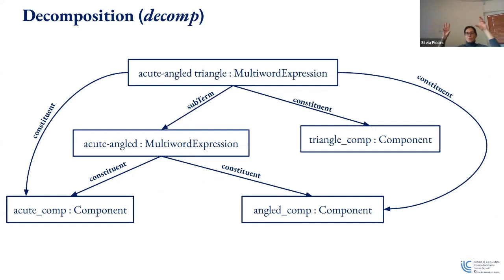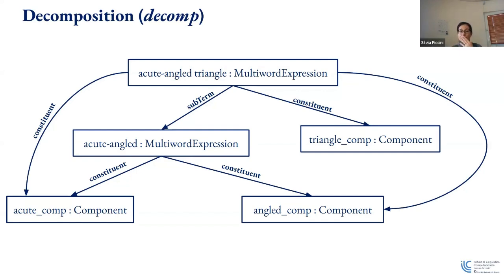So for example, let's suppose we have to formalize the multi-word expression acute angled triangle. This multi-word expression is linked by means of the property subterm to another multi-word expression, acute angled, that is in turn further split into constituent components, acute and angled.